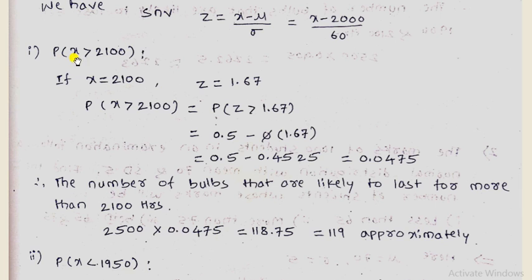Therefore probability of x greater than 2100 equals probability of z greater than 1.67.